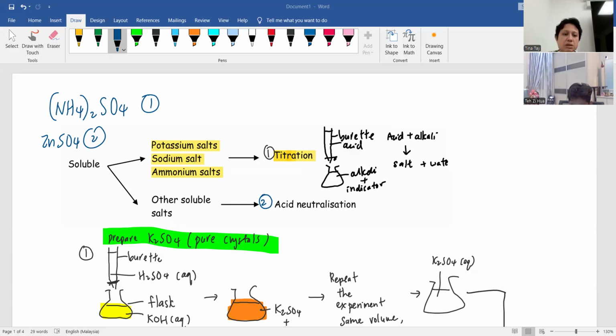This one we continue next week. The one that I send you is this one. Can you see this? I want you to print it out and try to do the first two questions only. I'll send you the new worksheet next week.